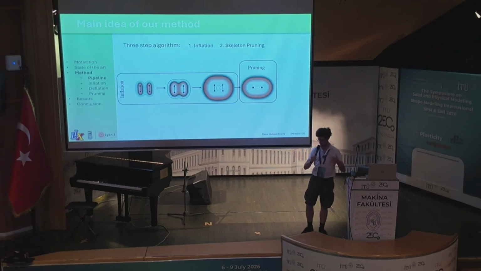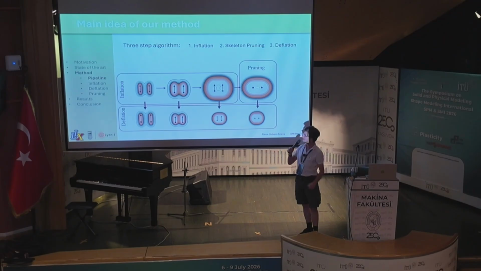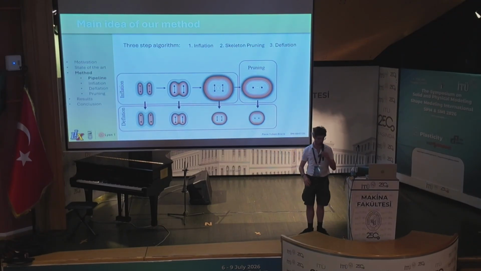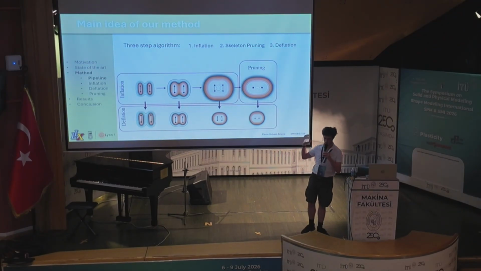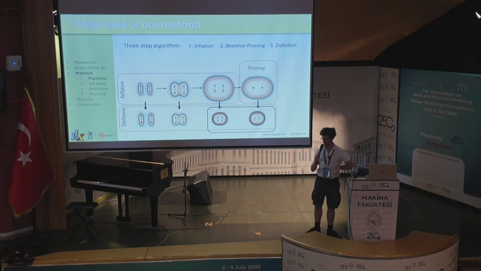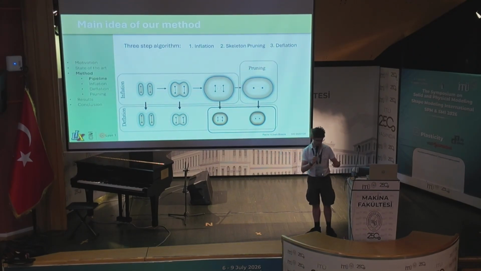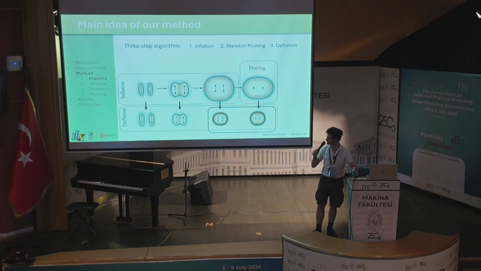And to keep everything nice and tidy, we correct the inflation, but by means of a deflation on specific axes. And if everything is done nice and well, the resulting shapes should be really close to the pruned shape, as you can see. All right.